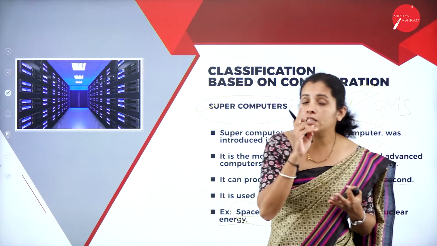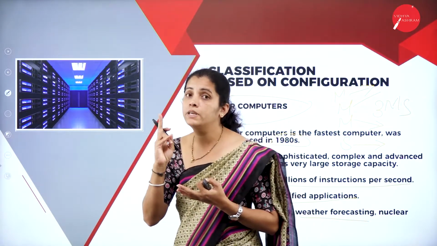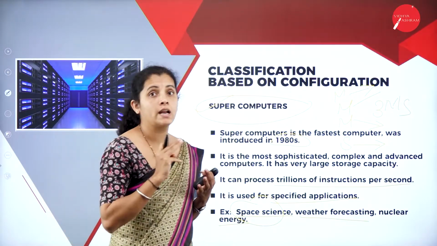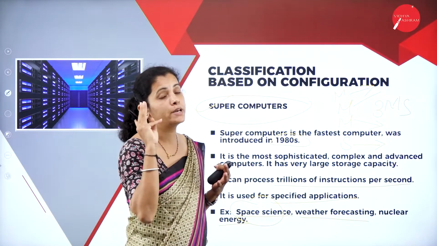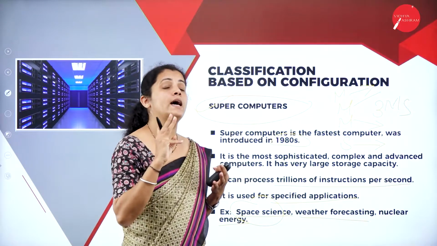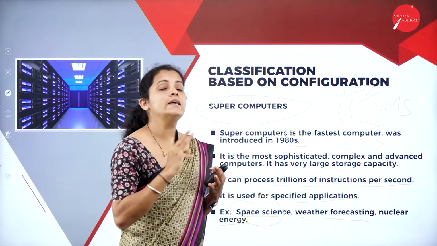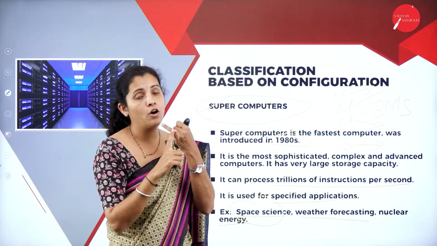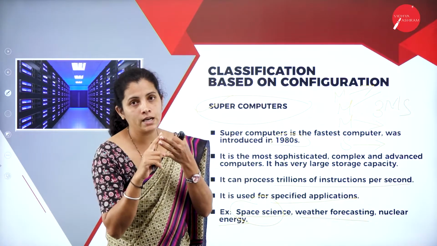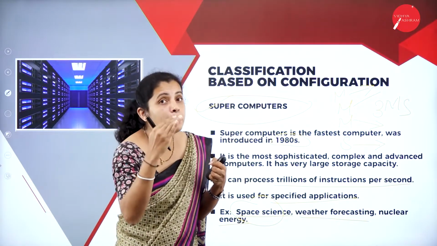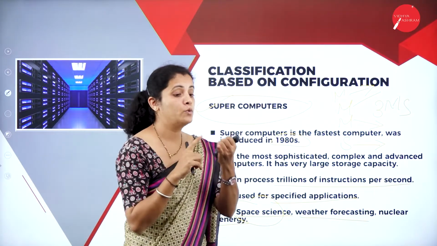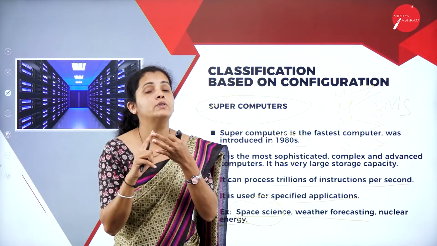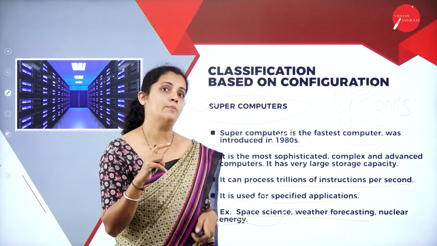The classification of computer systems is divided into two types, based on operation as well as configuration. When I say based on operation, we have analog, digital and hybrid computers. When I say based on configuration, we have microcomputer, mini computer, mainframe computer and supercomputer.